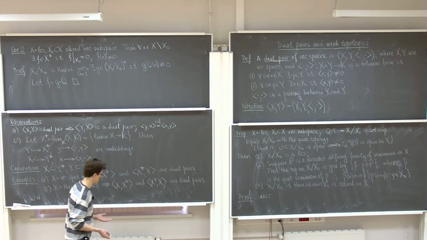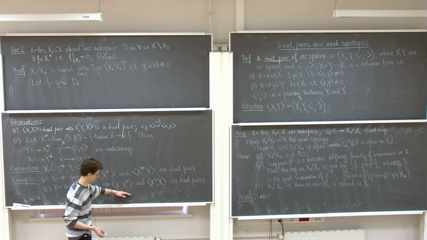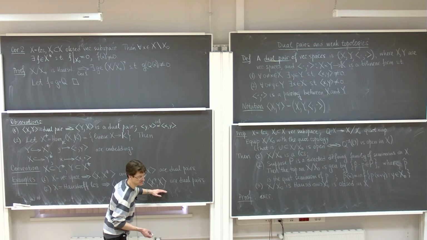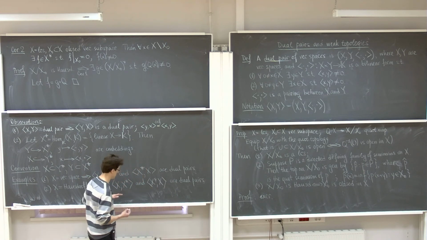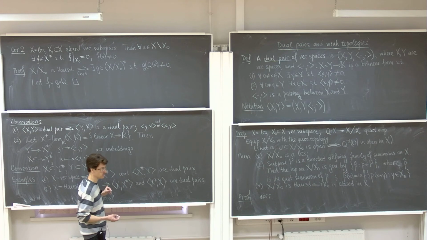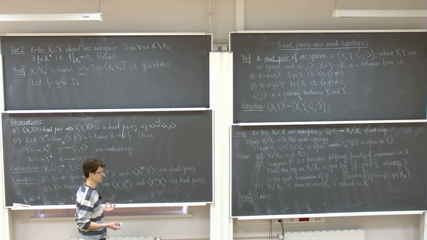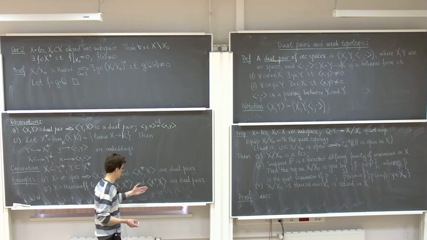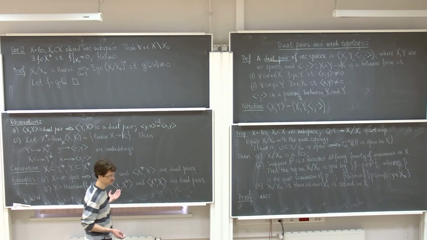The first corollary is about this dual pair, and the second corollary about this dual pair. I'd like to stress that in general, these two dual pairs are not reduced to each other, except for the case where X is a reflexive Banach space. But if X is not a reflexive Banach space, then these dual pairs are not special cases of each other.